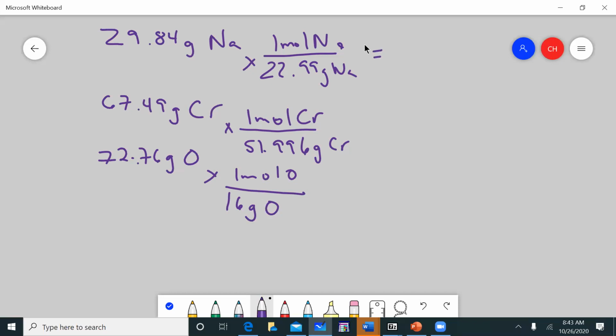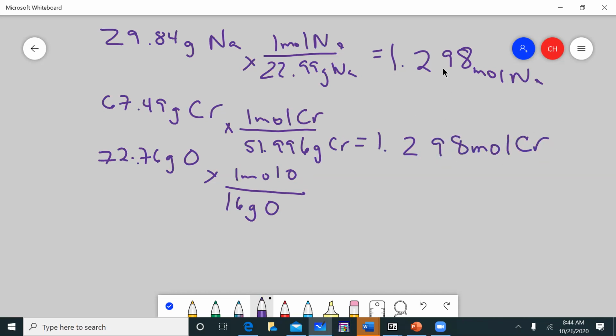So as far as what I get for my mole values, 29.84 divided by 22.99, I get 1.298 moles of sodium. Here I get 67.49 divided by 51.996, which gives us 1.298 moles of chromium.